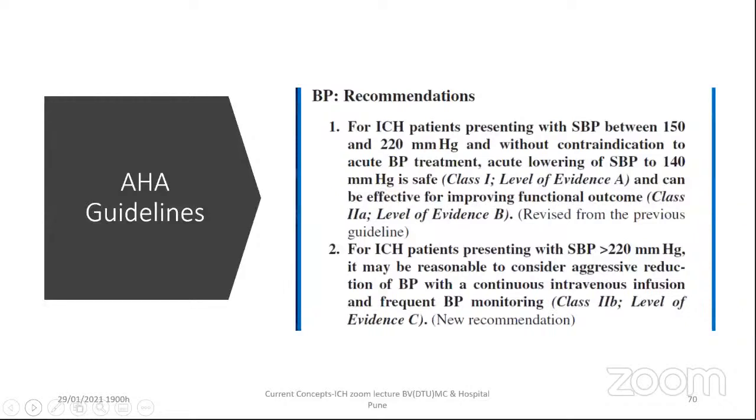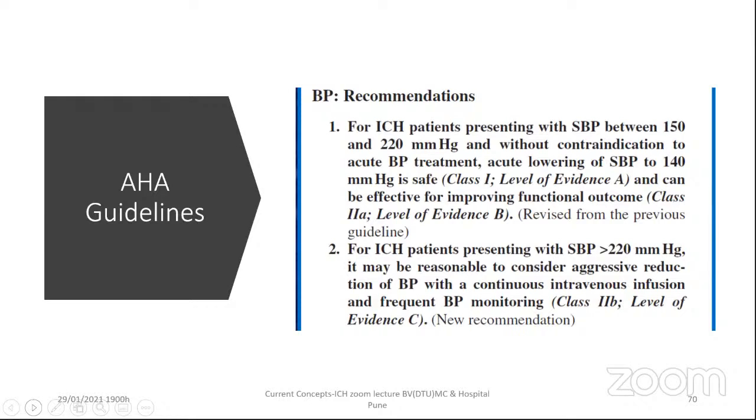But the guidelines have come. Guidelines of 2022, AHA guidelines: ICH patients presenting with systolic blood pressure between 150 and 220 and without contraindication to acute BP treatment, lowering of systolic blood pressure to 140 millimeters of mercury is safe and can be effective for improving functional outcome.